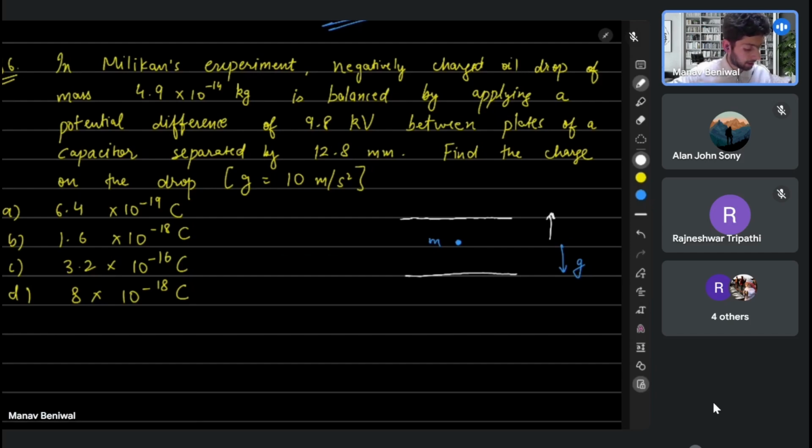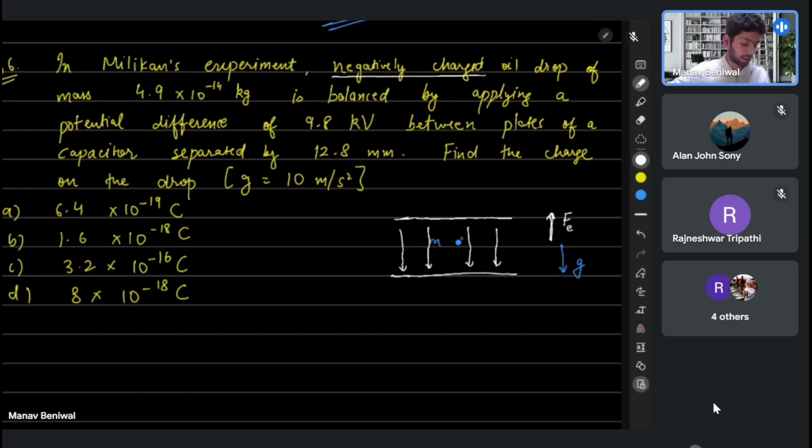So this is the direction of your electrostatic force. Let me denote it by Fe. Also notice that your oil drop is negatively charged. So what will be the direction of the electric field? Your electric field direction will be like this, right?